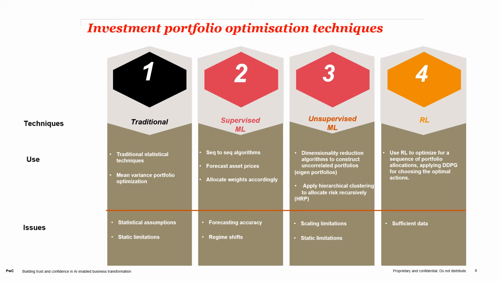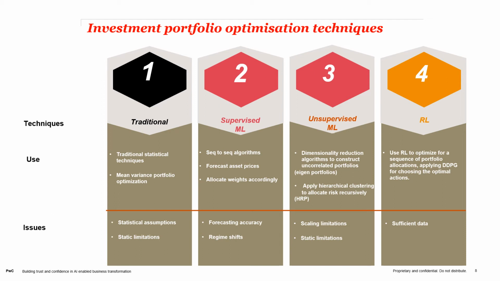Unsupervised machine learning has also been used, with two types of approaches there. Dimensionality reduction algorithms, kernel PCA and so on, have been used to construct uncorrelated portfolios, the so-called eigenportfolios, which means that you get portfolios that are not correlated, which diversifies the risk away. Another approach is to use hierarchical clustering techniques to allocate risk recursively, the so-called hierarchical risk parity approach.